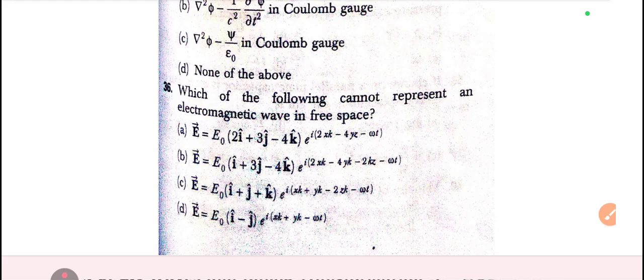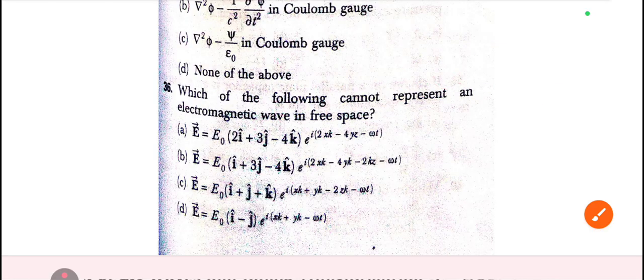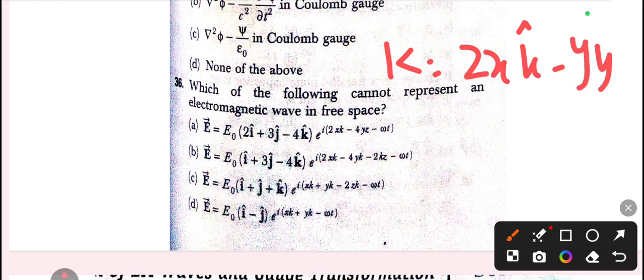Question number 36. For an electromagnetic wave in free space, we have k dot E equals 0. And if you want to know what is k, this is the k. For example, in option number A, k equals 2x unit vector minus 4y z unit vector.